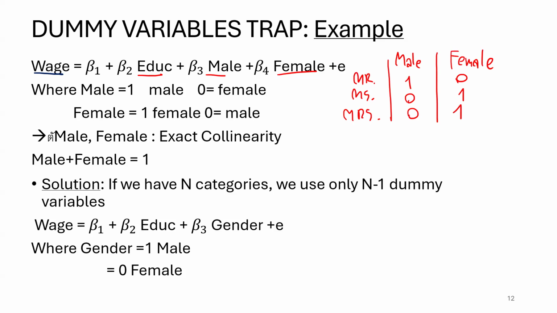Then you collect the data and put both variables in the model. So male plus female always equals 1. This means exact collinearity, or the dummy variable trap.